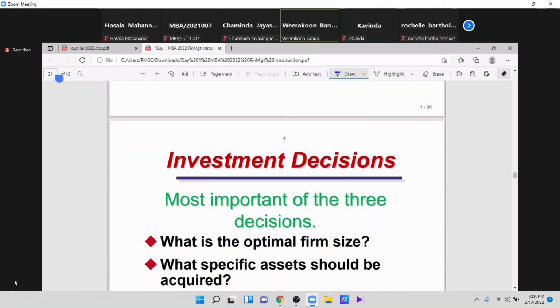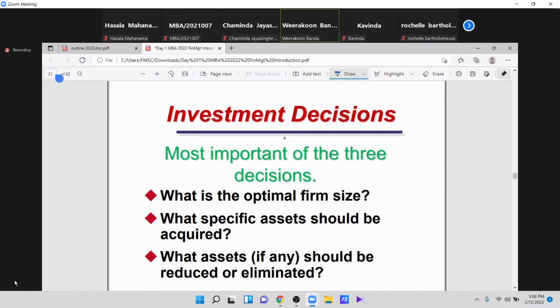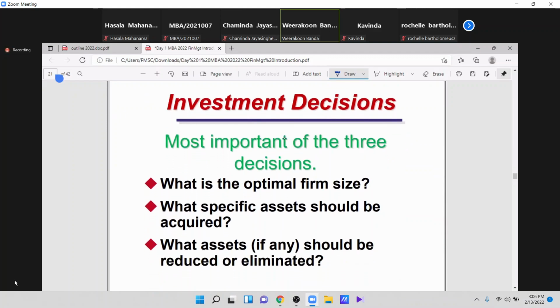Then concerning each decision here: investment, financing, management of assets. Taking each component, each decision has some discussions. Investment decisions are the most important of the three decisions. What is the optimal firm size?